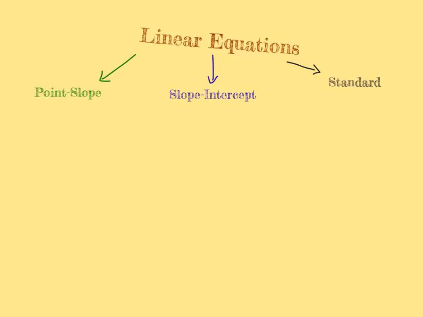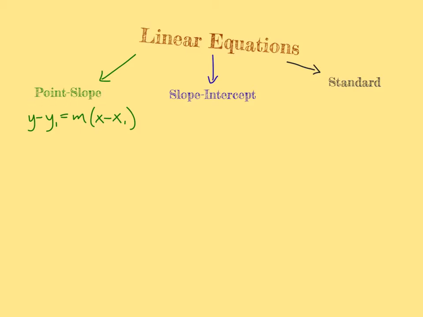So point slope form looks like this. Y minus y1 equals m times the quantity x minus x1. This is most helpful for when you literally are given a point and a slope. I'm not even going to write that down because of how obvious it is.